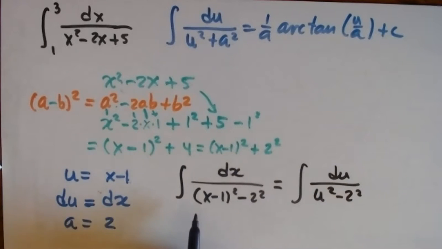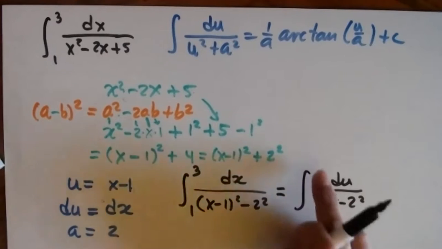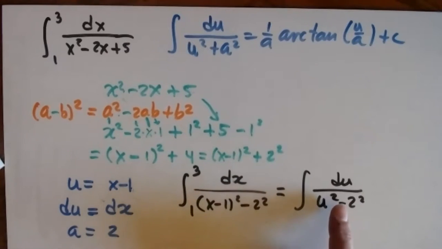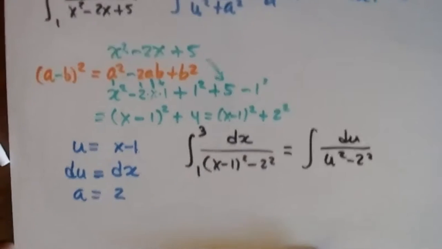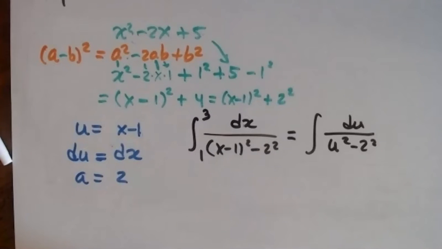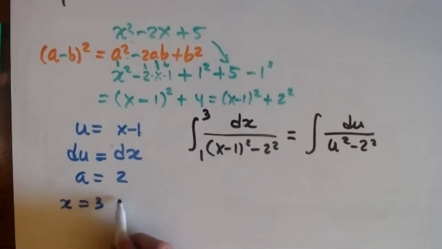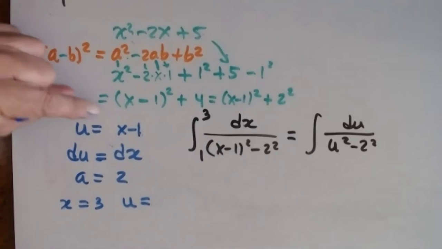But here is a problem. What is the problem? 1 and 3 are values of x. I cannot transfer the 1 and 3 here because this is an x and this is a u, and they are not necessarily equal. So what is the trick? I have to change the limits of integration. For x equals 3, the u is 3 minus 1 because u is x minus 1.